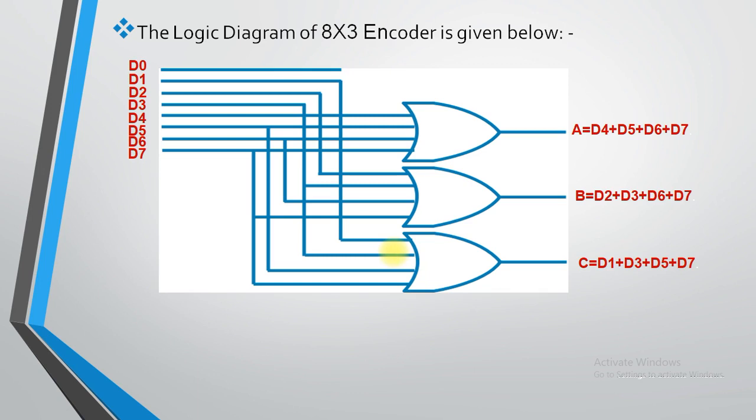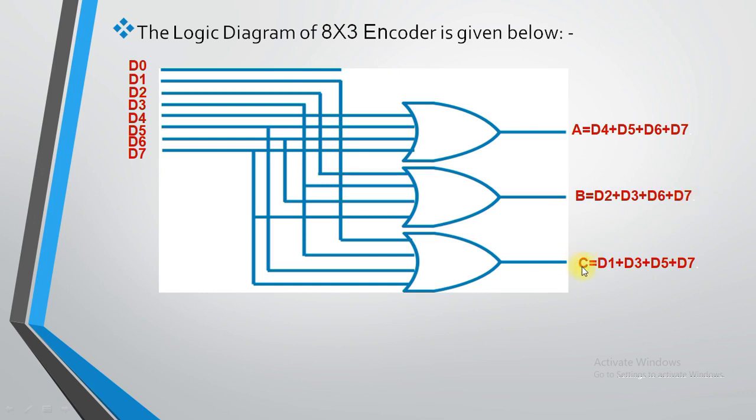Just you need to take care that for the output variable A, you need to pass cable from the input variables D4, D5, D6, D7. Similarly, to get the output of variable B, you need to take a cable from D2, D3, D6 and D7.